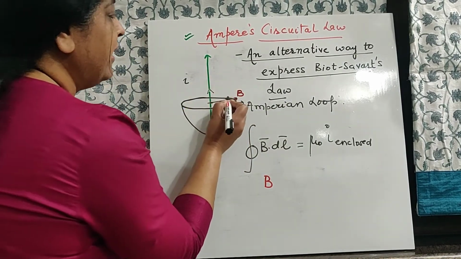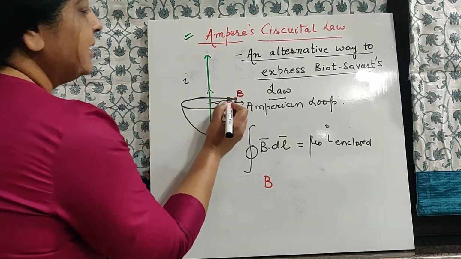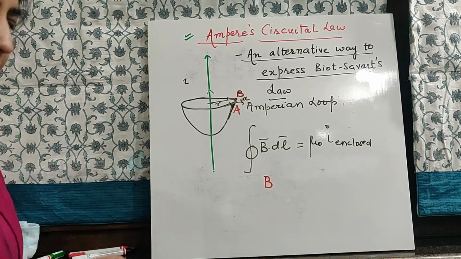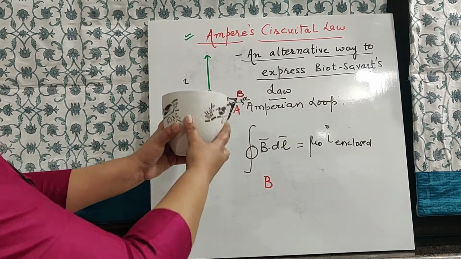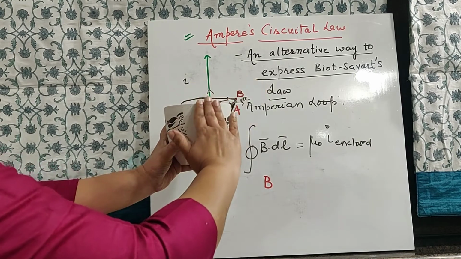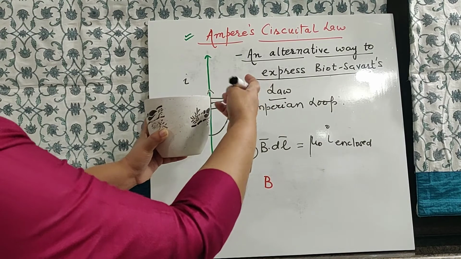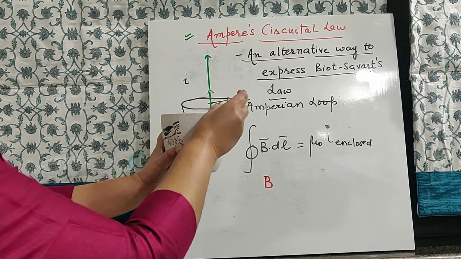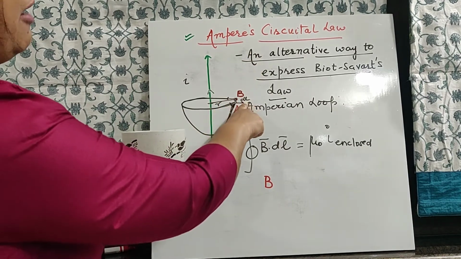And if you consider a small length element over here, let us say this length element is dl. Now, for this circular path over here, we consider this as an Amperian loop. If the magnetic field is in this direction, as shown by the black marker, the same is the direction of the dl vector.